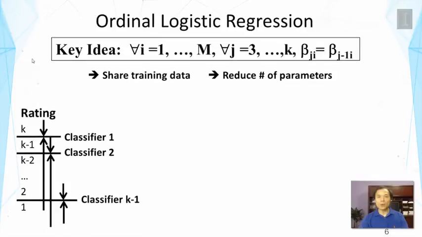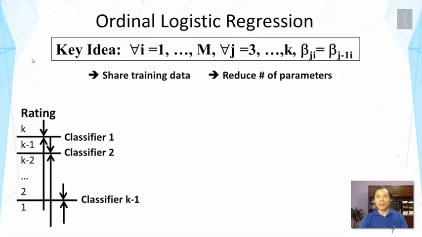Now, the idea of ordinal logistic regression is precisely that. The key idea is just the improvement over the k-1 independent logistic regression classifiers. And that idea is to tie these beta parameters.